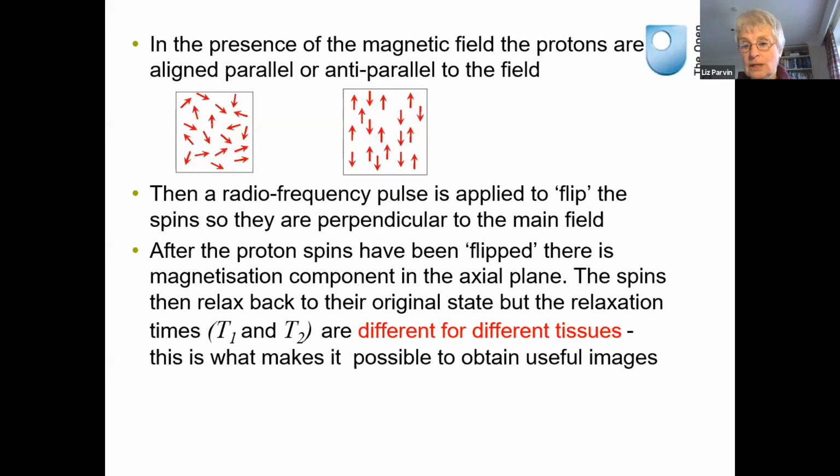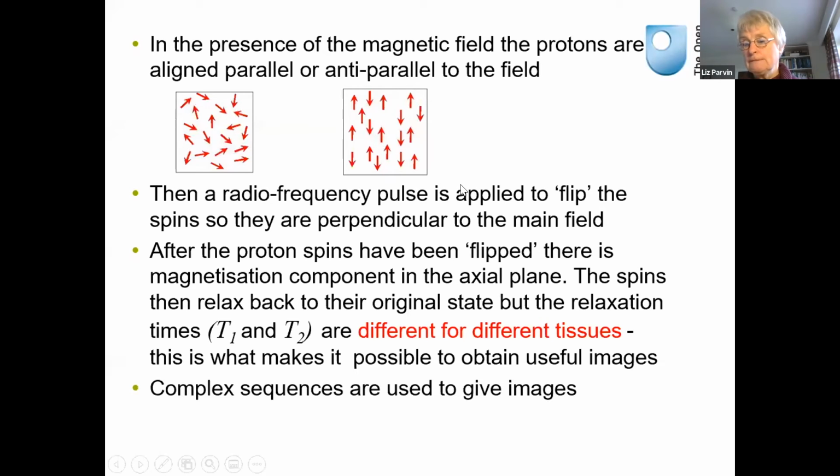It's the same with X-rays. X-rays won't work unless there is a difference in the attenuation in different tissues. MRI doesn't work unless you have got a difference between different tissues. And that's the great thing that makes MRI so important. There are actually two relaxation times, T1 and T2, and they're different for different tissues. And that's what makes it possible to get useful images.